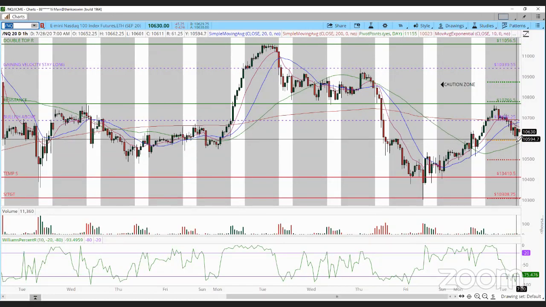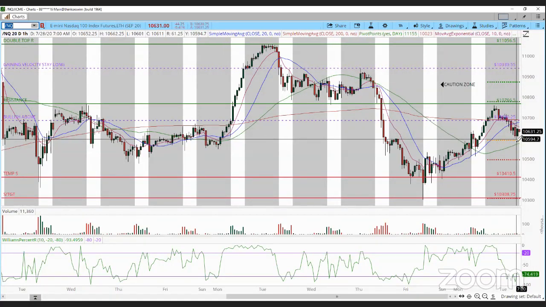Current support is 10,600. So it's pretty much the area that we had yesterday for the breakout. It's very interesting that now we're looking at this support area, which yesterday was the breakout area. So we're going to be looking for the 600 level to hold.